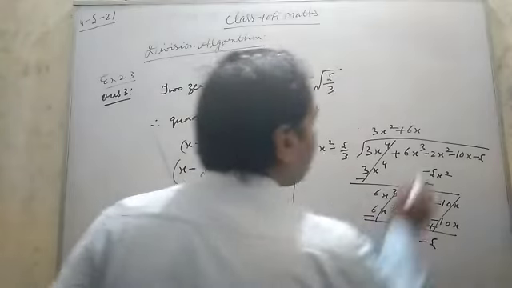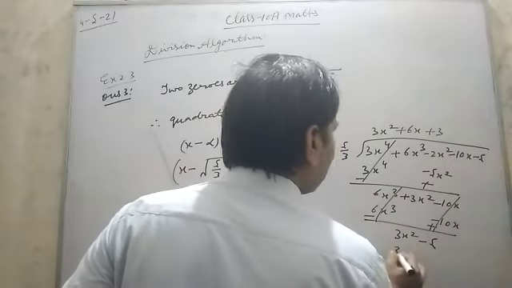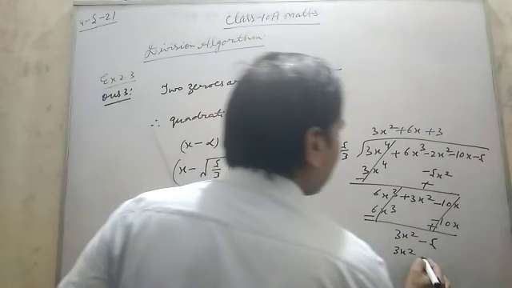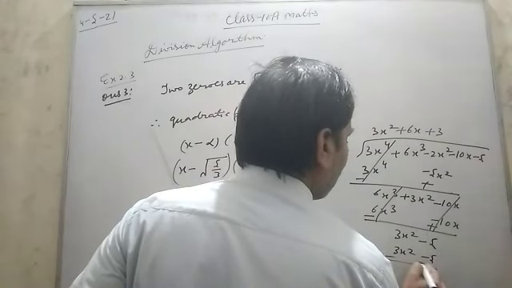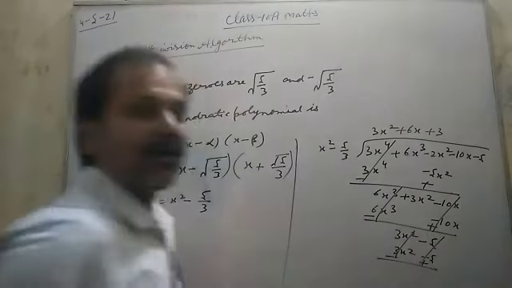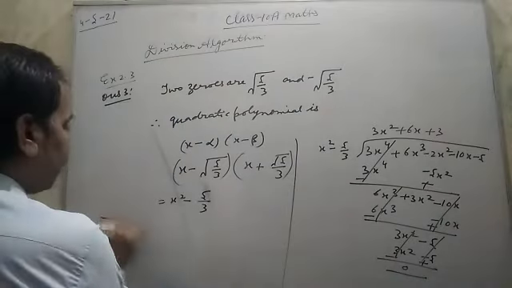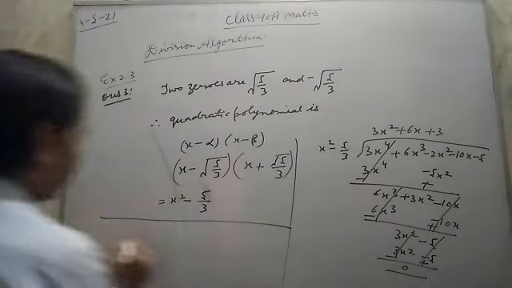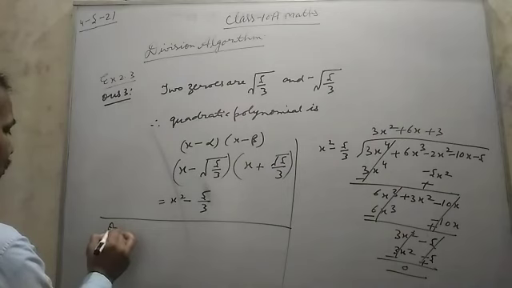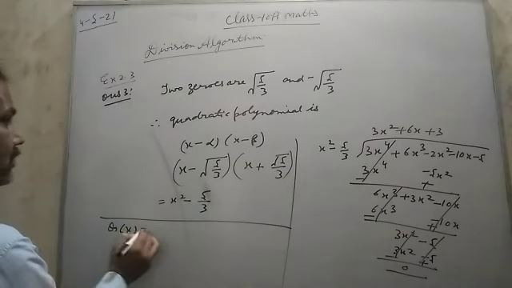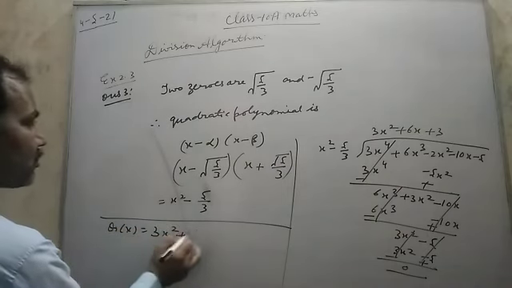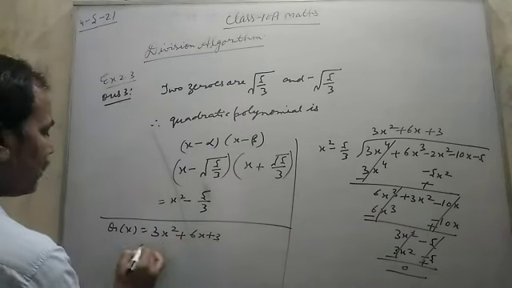So x square and here 3x square, so 3 multiplied by 3 cancels, minus 5. Okay, so the remainder becomes 0. So what quotient is coming? Okay, this q(x) is 3x square plus 3x plus 3.